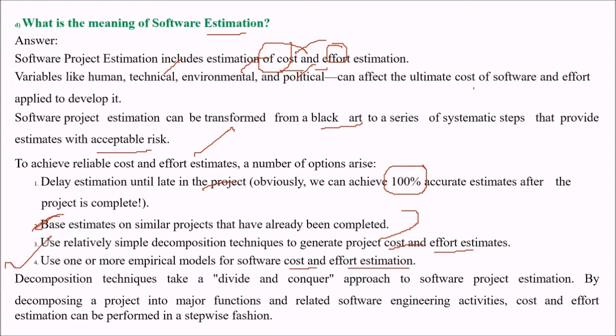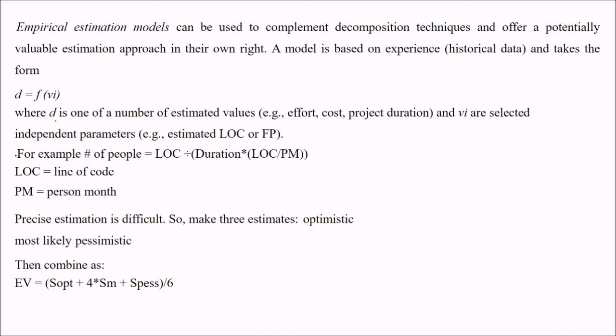The decomposition technique is a divide and conquer approach to software project estimation. By decomposing a project into major functions and related software engineering activities, cost and effort estimation can be performed in a stepwise fashion. The empirical estimation models can be used to complement the decomposition technique, and they offer a valuable estimation approach.